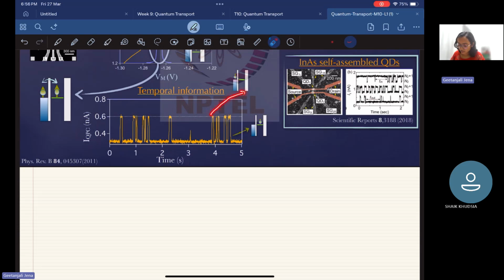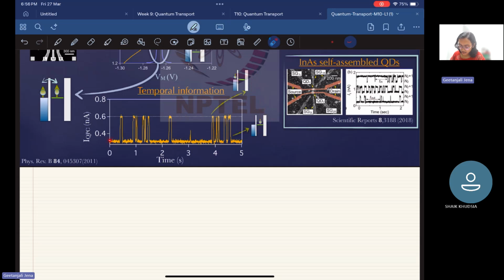High-level current means the electron has tunneled out of the quantum dot, and low-level current means the electron is inside the quantum dot. We plot this event as a function of time, so these graphs show the time required for the electron to go from inside to outside.